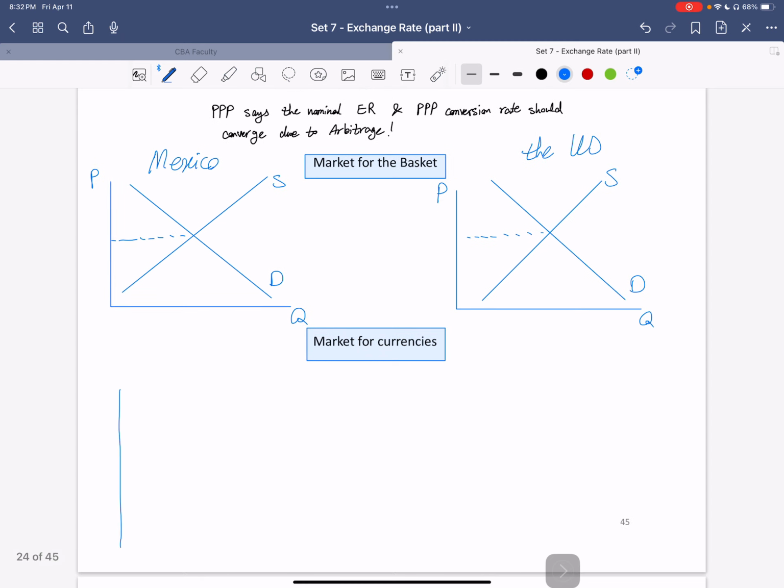Let's have the currency market. This is the quantity of peso. This is the price of peso, dollar per peso. We have supply and demand for peso.